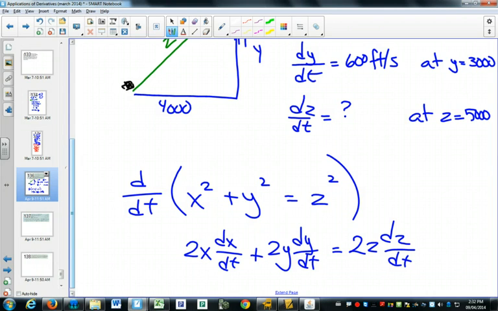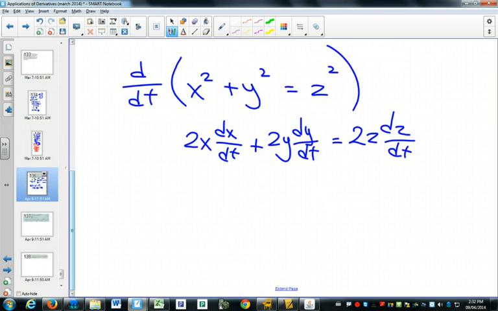We are looking for the rate that the rocket's going away from the camera. So that's dz/dt. We have values for everything here. Of course, this one's going to be 0 because dx/dt is not changing. Plus, we're finding it when y was 3,000 and its speed is 600 feet per second.